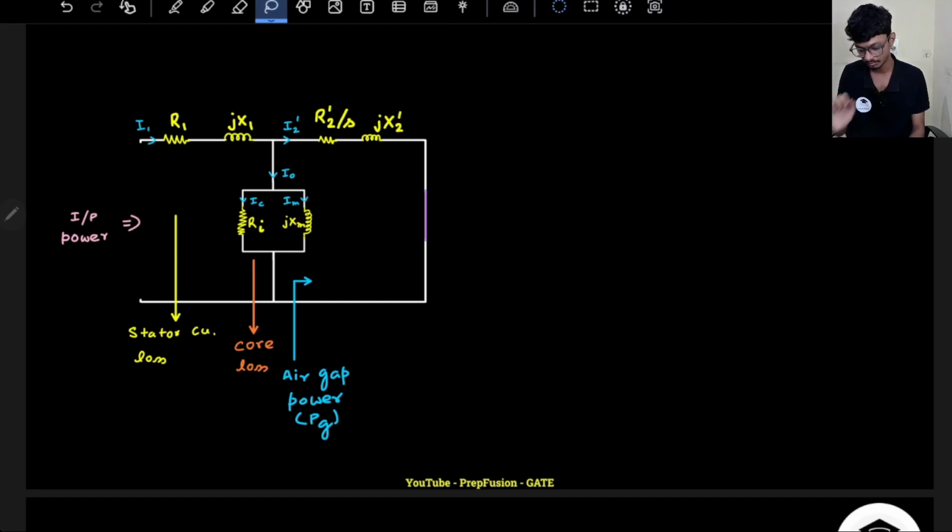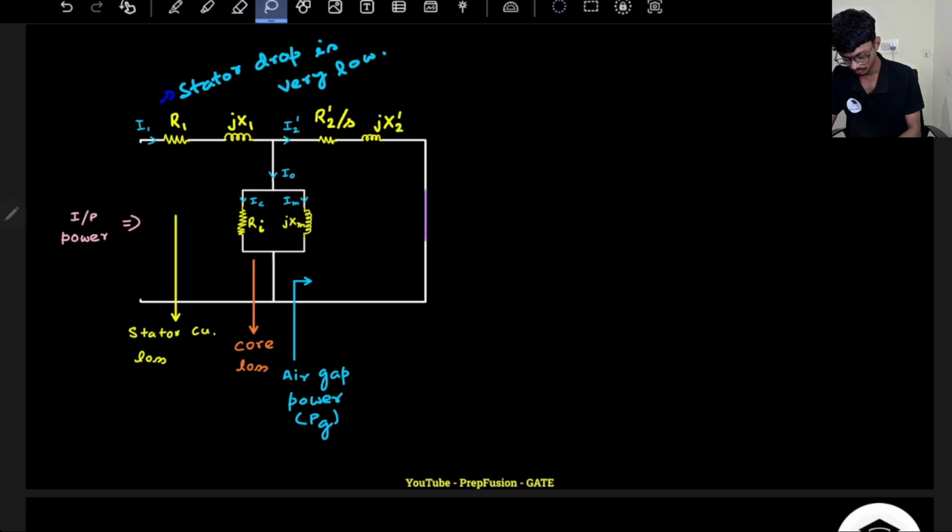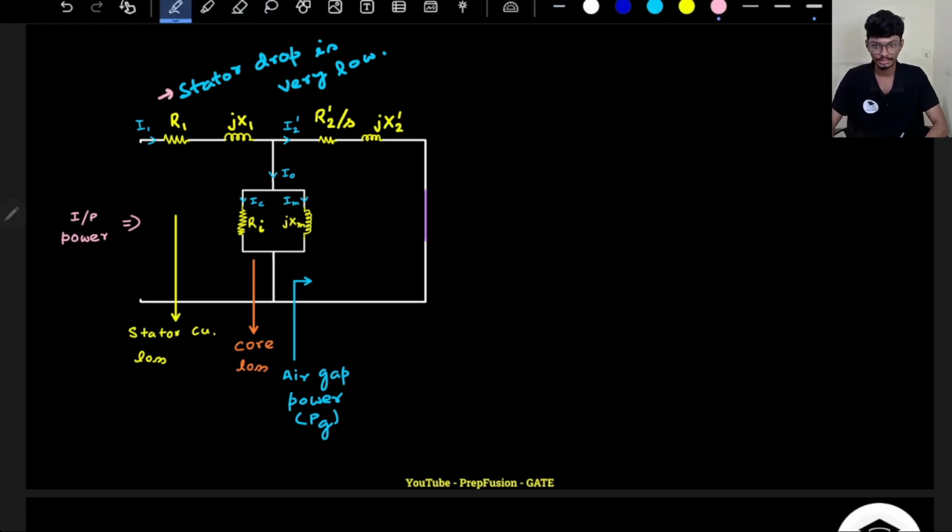The first approximation is that we will assume that the stator drop is very low.